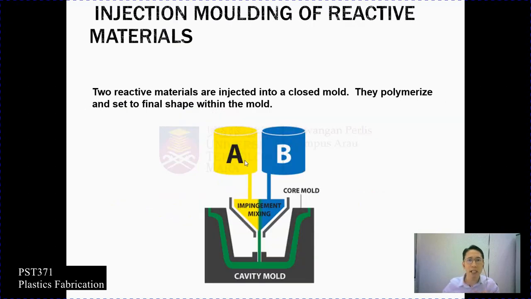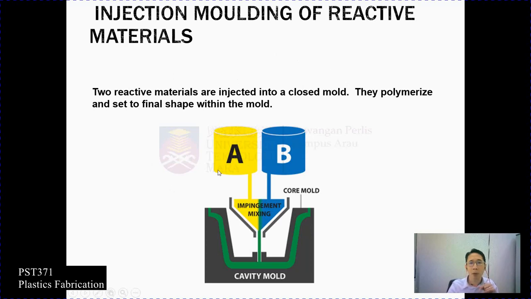Next, we have the injection molding of reactive material. Two reactive materials are injected into a closed mold. They polymerize and set to final shape within the mold. Okay, some of the polymeric materials need a hardener to promote curing. This is usually used for thermoset materials such as epoxy.